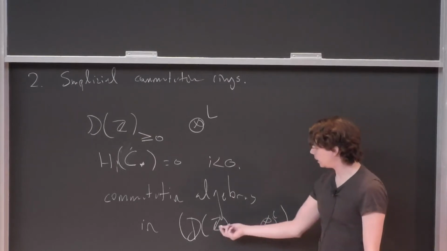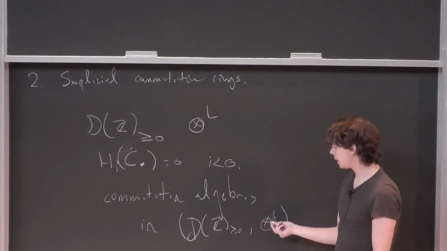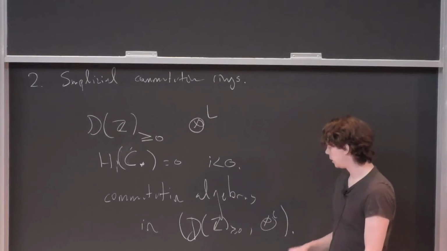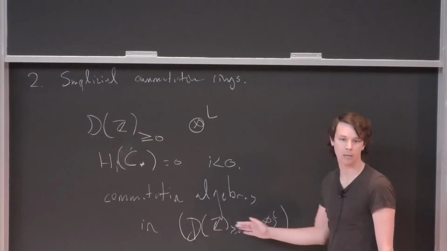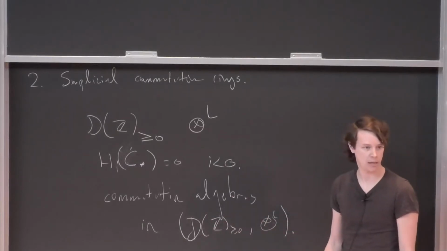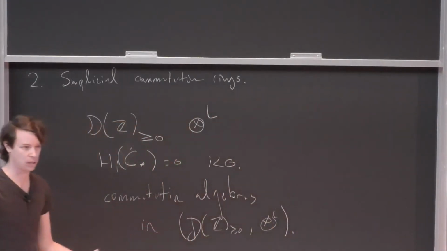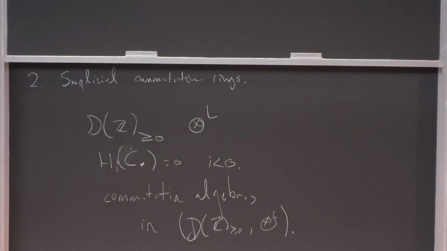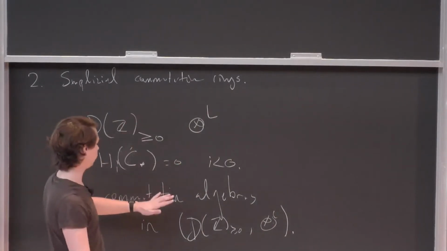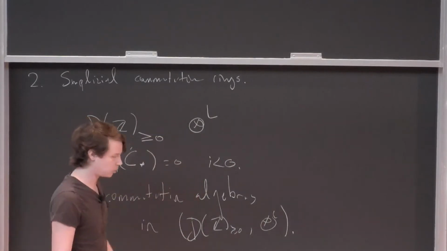Instead of working in a symmetric monoidal abelian category, we're going to be looking in connective chain complexes with this tensor product. And we can look at various kinds of commutative algebras in here. And simplicial commutative rings are going to be one way of studying commutative algebra objects here.